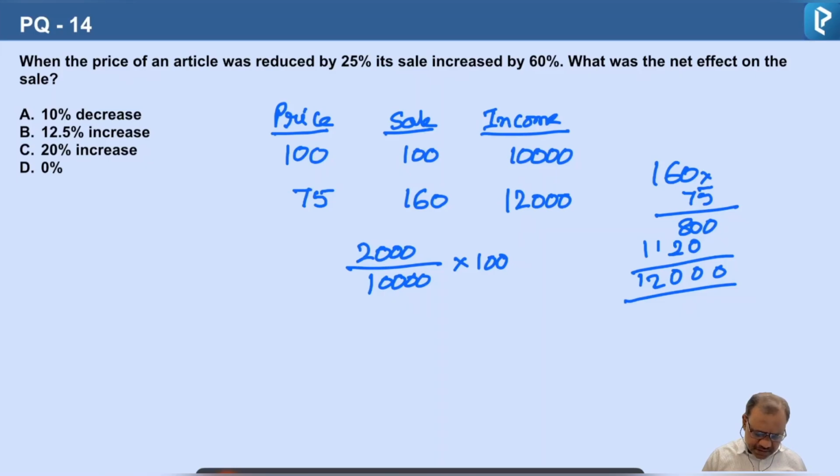Simplify this. Cancel 3 zeros. 10 tens. So what is remaining? 2 into 10, that is 20%. So there is an increase of 20% on the total sale. So option C is the right answer.